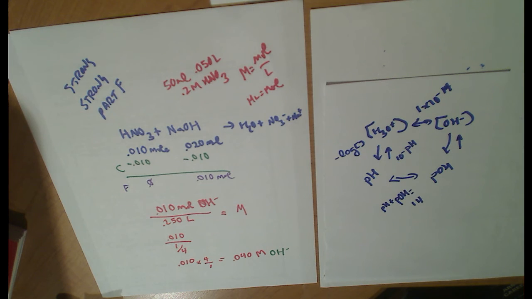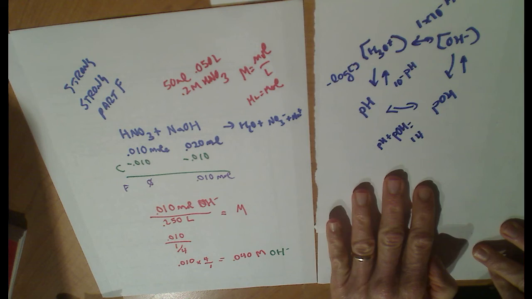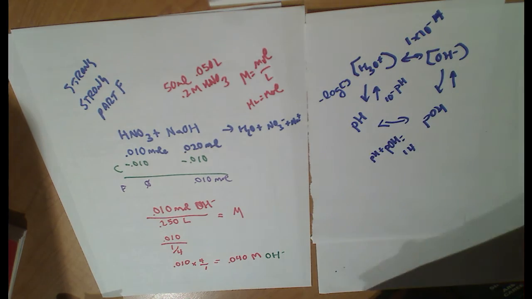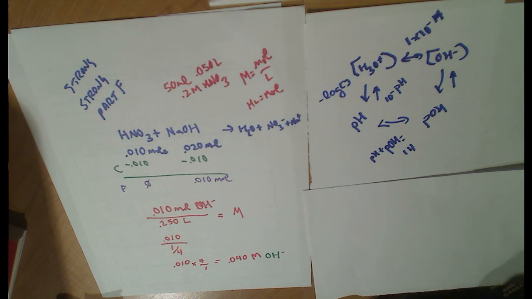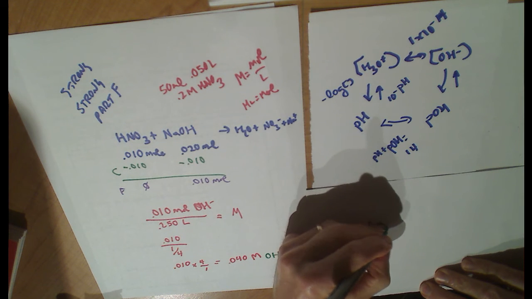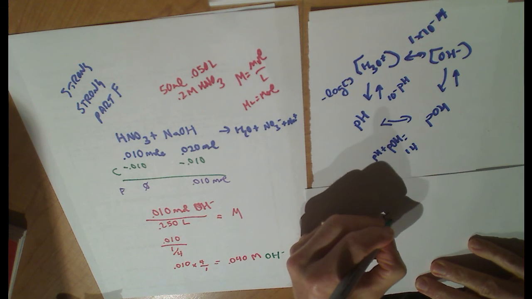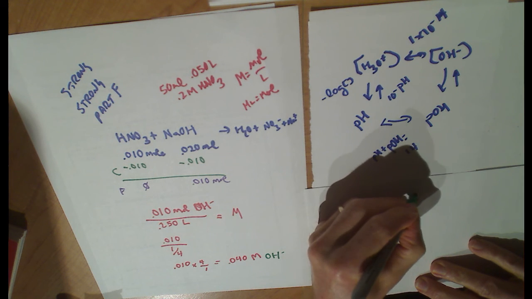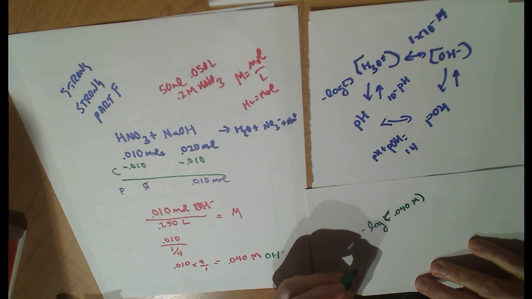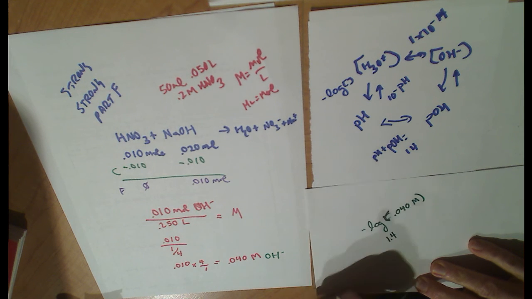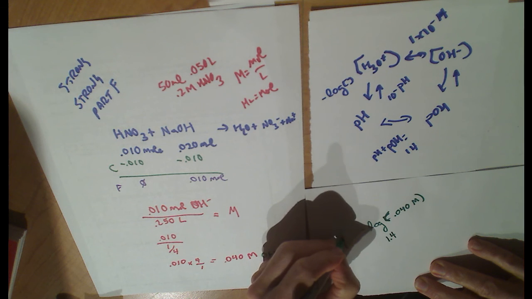So in our particular case, bearing that in mind, I'm going to take the first road here, going from the concentration of OHs to the pOH, so I'm going to take the negative log of 0.040 molar, and that gets me something on the order of 1.4, so that is the pOH.